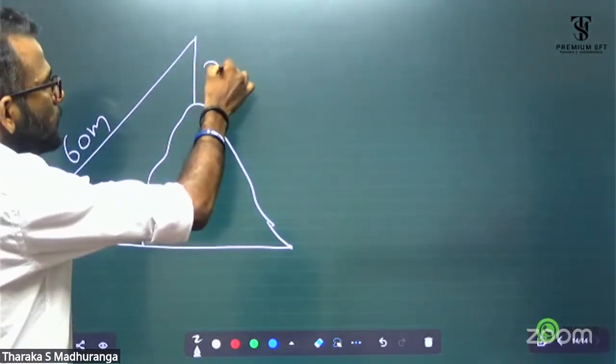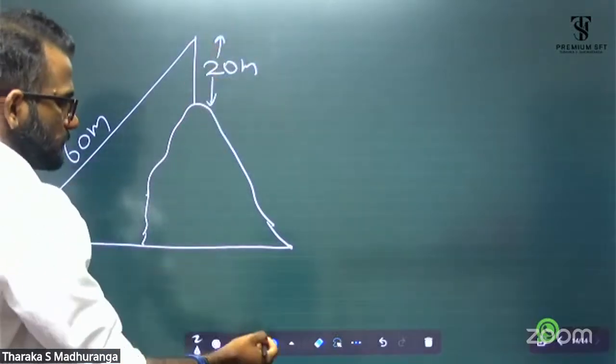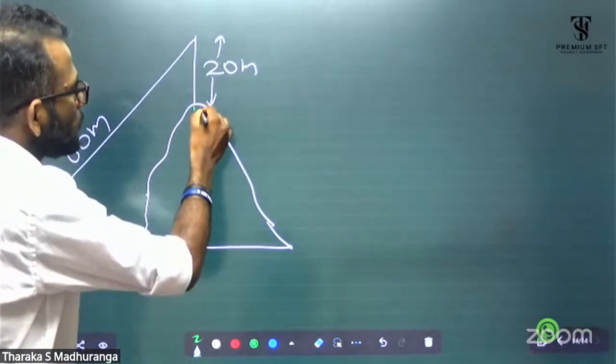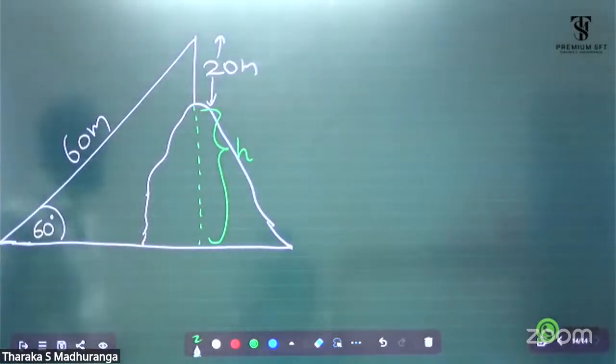This is 20, the tower height is 20 meters. The question asks what is the height of this, h? The height of the hill, height of the mountain. Anyone, try to do it.